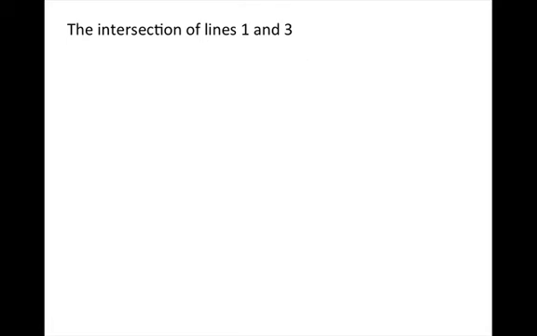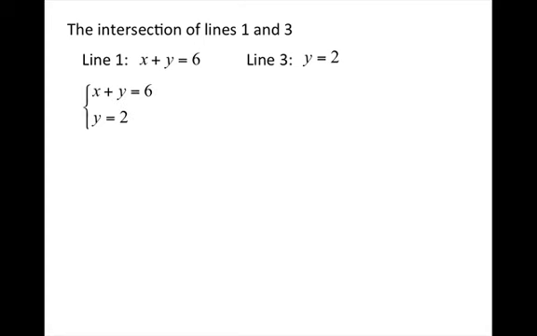Now let's look at the intersection of lines 1 and 3. Line 1 was x plus y equals 6, and line 3 was y equals 2. So you can think of these as a system of equations. And again, since the second one is a horizontal line, we already know the y value is 2. So we just need to find our x.